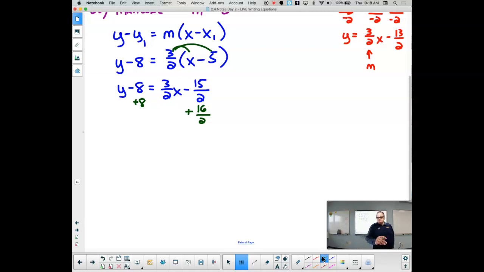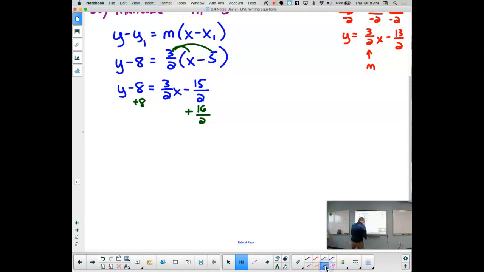Anybody? Good job, Dates. Yep, we got to have common denominators. Yep, so 8 is 16 halves. 16 divided by 2 is 8, so I'm really adding the same thing.